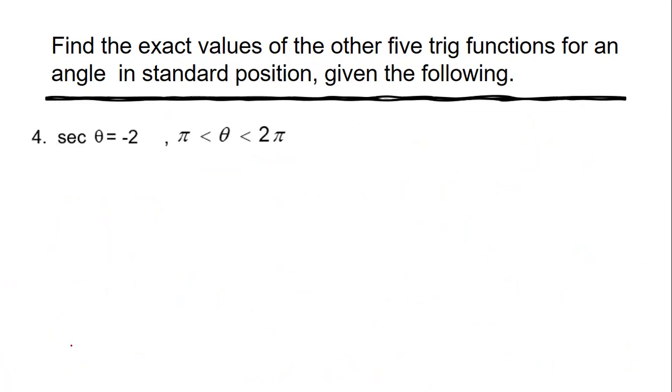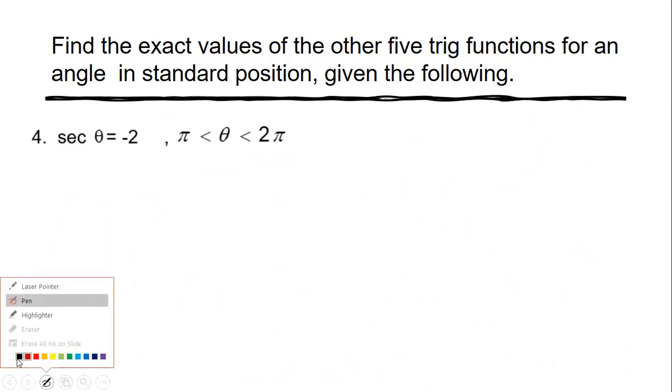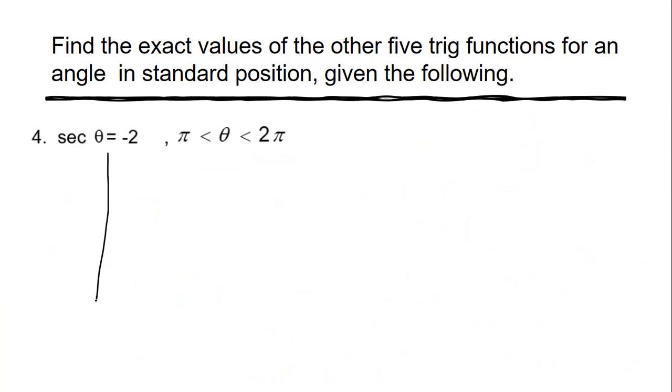All right, so we're now doing secant theta. Step 1 is to figure out where you are restricted. Where can you not be? Looking at our secant, it has to be negative. Where is secant positive? Quadrant 4, so that is automatically eliminated.